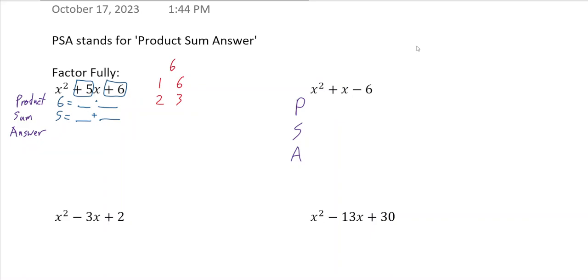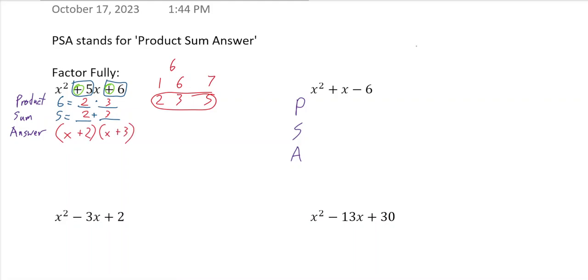Because these are both positive, our answers are both going to be positive. So 1 plus 6 is 7, 2 plus 3 is 5, so this is the right set. So 3 and 2. Then we can write x plus 2, x plus 3.